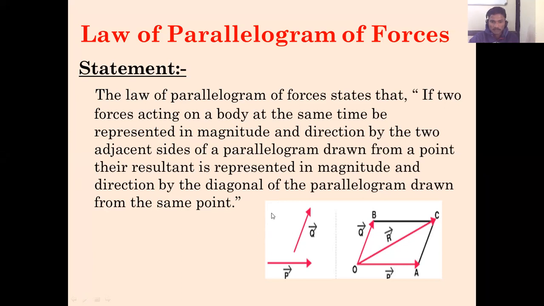It is very simple. There are two forces acting on a body simultaneously or at the same time. If we represent those two forces by adjacent sides of a parallelogram, then their resultant can be represented by the diagonal of the parallelogram.